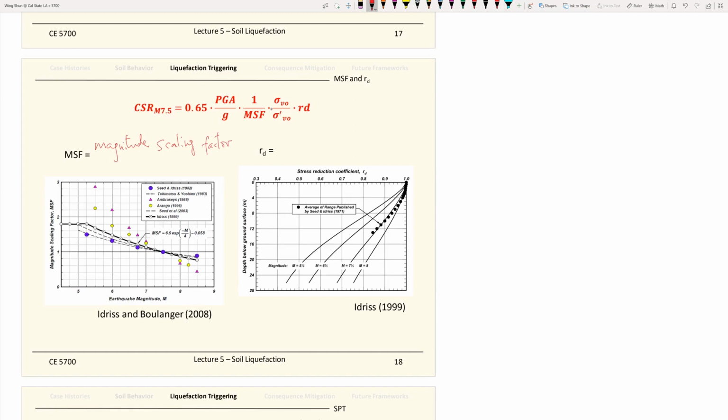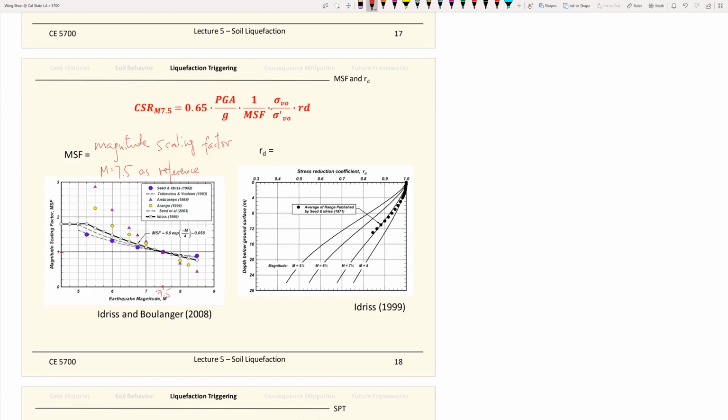bring in the factors. So using these MSF factors, this graph here shows you how MSF factors change with the earthquake magnitudes, and they use magnitude 7.5 as a reference. Because at 7.5, so 7.5 is here, the MSF factor is equal to 1.